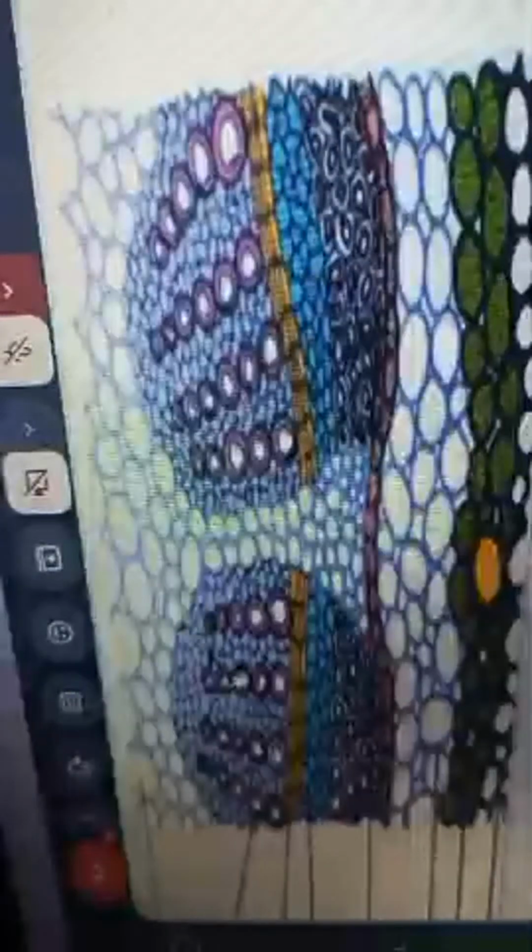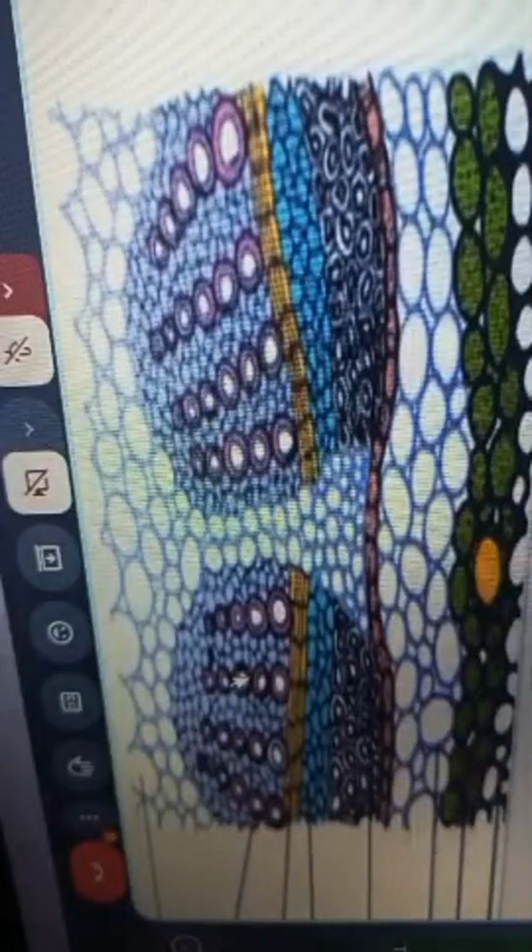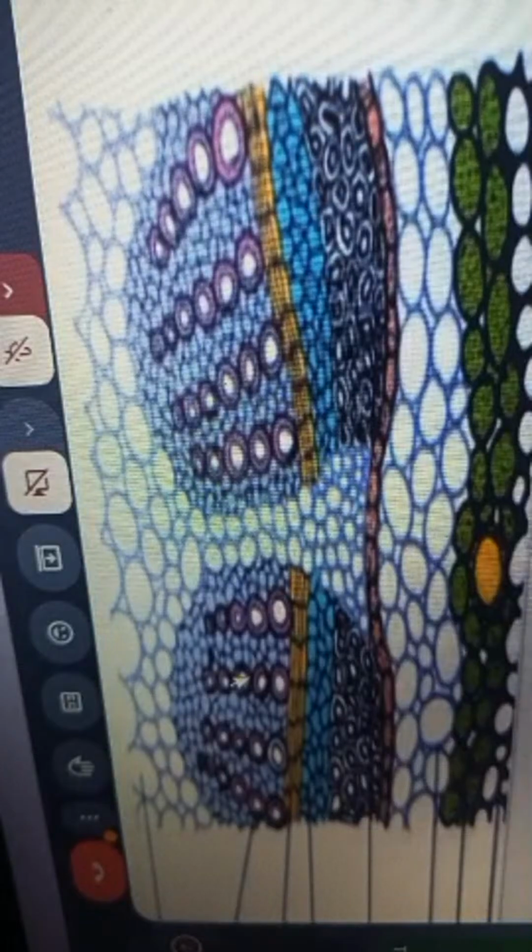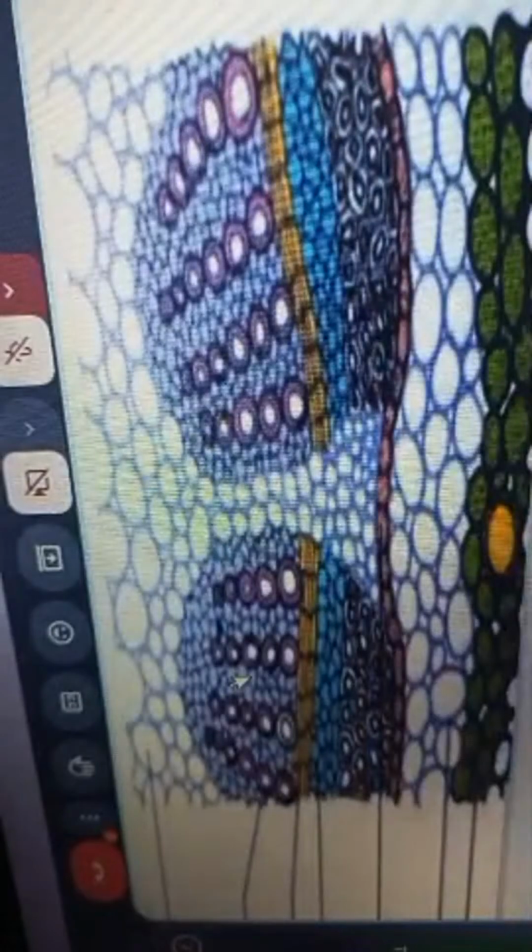Have you seen it? Yes, sir. Yeah. So that is why A is the answer. That's the transverse section of a dicot stem, showing you the position of xylem. Xylem is close to the middle compared to phloem.